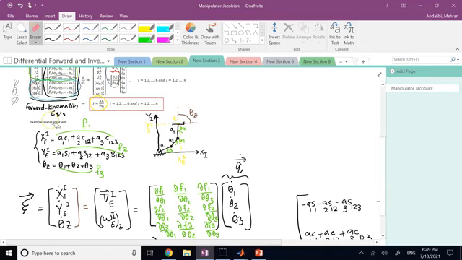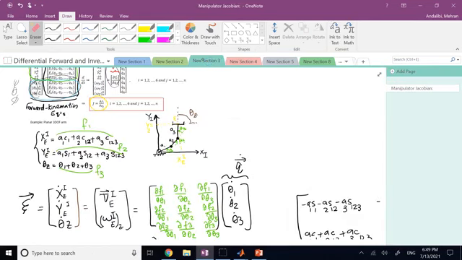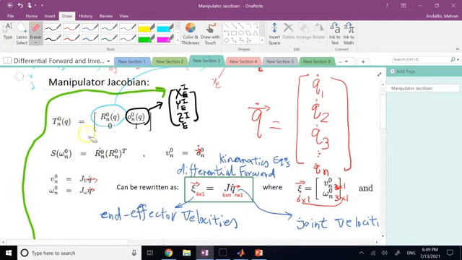But I want to show you another approach to find the Jacobian matrix, and that is using the DH method. If you remember, the DH convention also gave us this T when we used it for forward kinematics. How did it do it? We formed a bunch of A matrices, A1, A2, each one of them a function of one of the joint variables, multiplied all the way to AN.